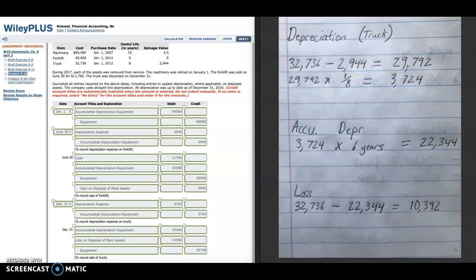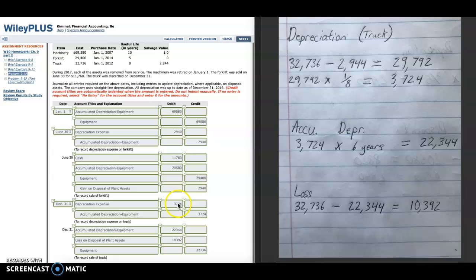And then from there we find out our yearly depreciation level. So we take the $29,792 times 1/8 because it has an 8-year useful life, and we just need to find the 1 year of that, and that equals $3,724. And since we're representing a whole year here, that's the answer.